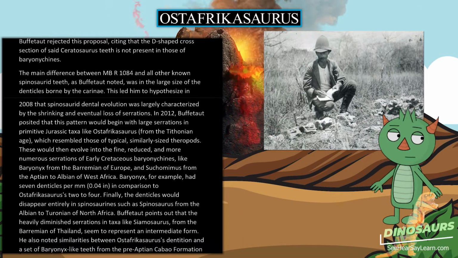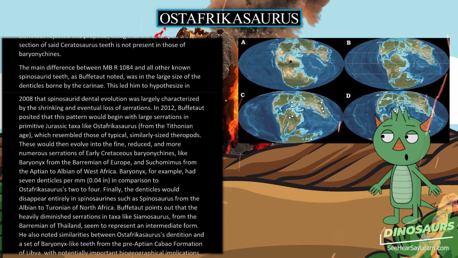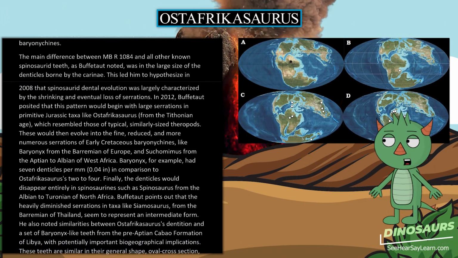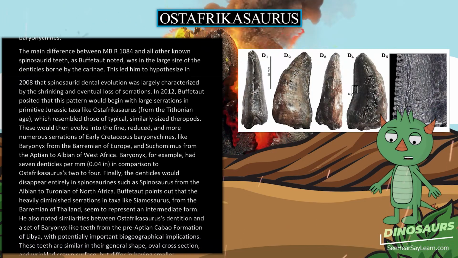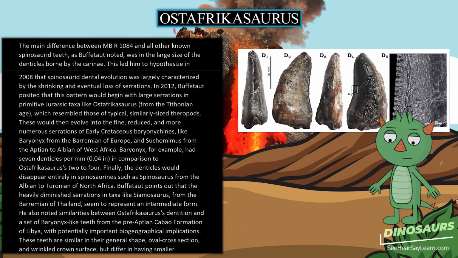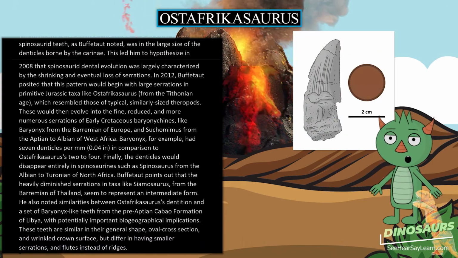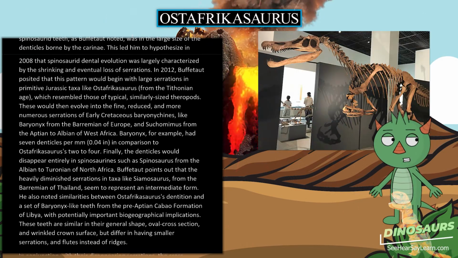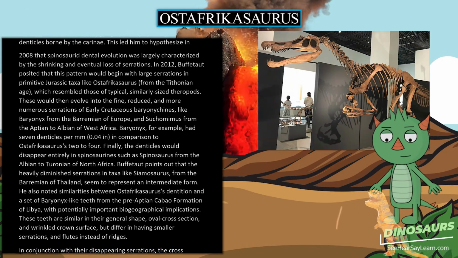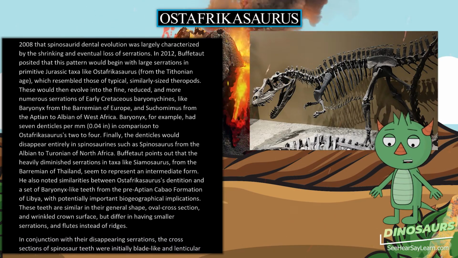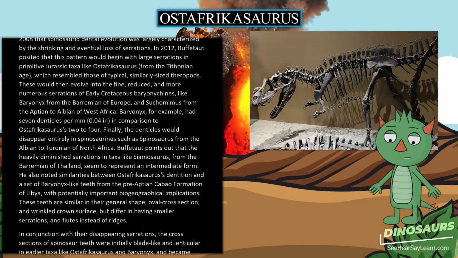These would then evolve into the fine, reduced, and more numerous serrations of early Cretaceous baryonychines, like Baryonyx from the Barremian of Europe, and Suchomimus from the Aptian-Albian of West Africa. Baryonyx, for example, had 7 denticles per millimeter, compared to Ostafrikasaurus's 2 to 4. Finally, the denticles would disappear entirely in spinosaurids such as Spinosaurus from the Albian to Turonian of North Africa.